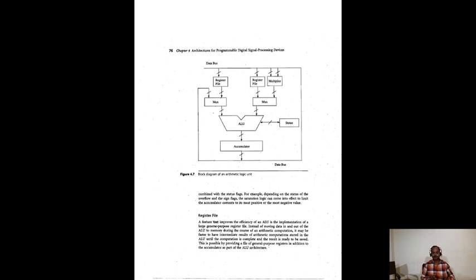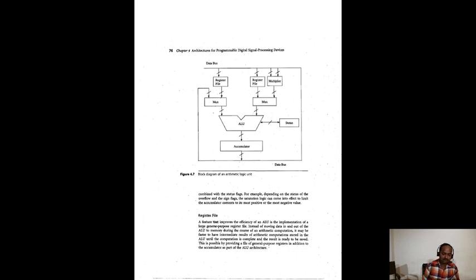For example, the processor is working on some data, doing some operation, and it is going to produce some results. Where to store those results? Generally in a general purpose processor architecture, those results are saved in the register file, like AX, CX, BX, DX in 8086.